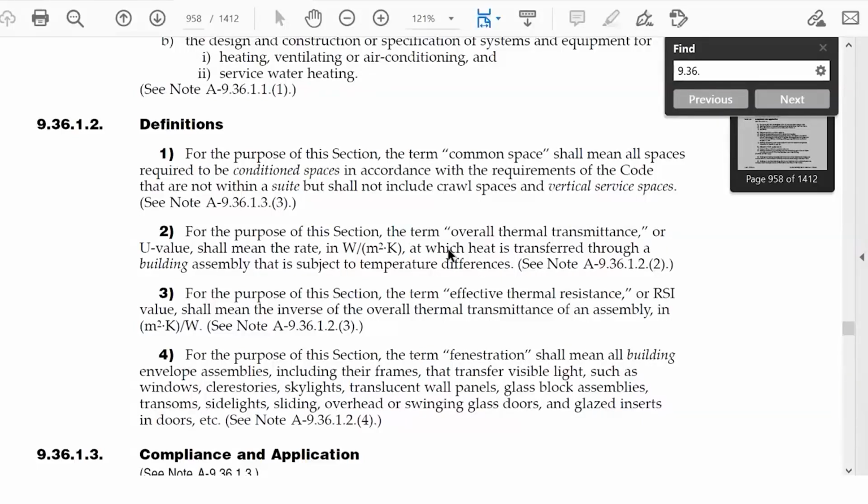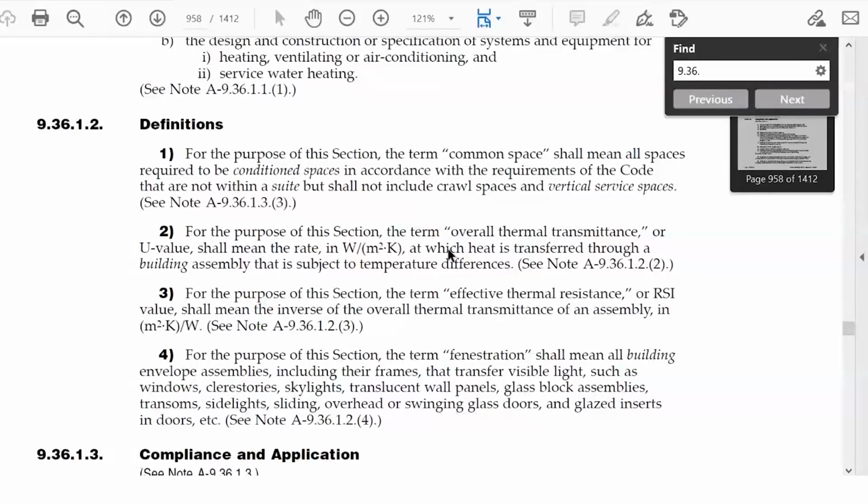The overall thermal transmittance or U value shall mean the rate in watts per meter squared Kelvin at which heat is transferred through a building assembly that is subject to temperature differences. So we have a U value every time we have a temperature difference, and it's measured in energy values per meter squared by Kelvin.